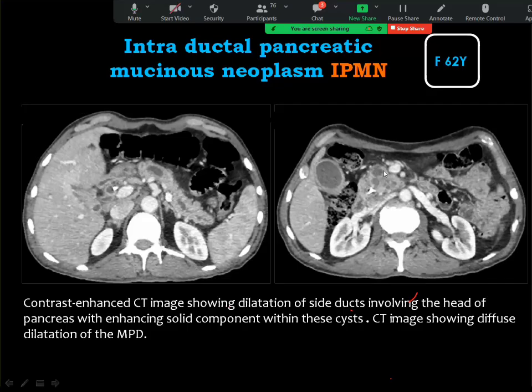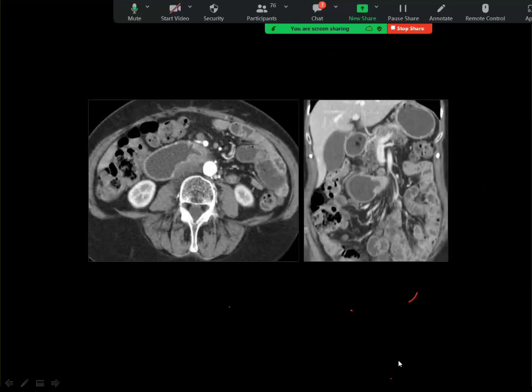Instead, you see that the duct is continuous in the pancreatic head. Then this is one of the supportive criteria to diagnose this intraductal pancreatic mucinous neoplasm, which is somewhat seen in clinical practice. Next case is a CT scan of the abdomen, axial and coronal.